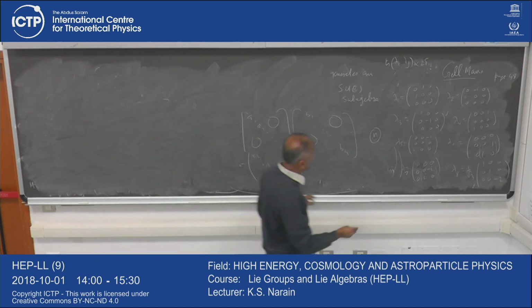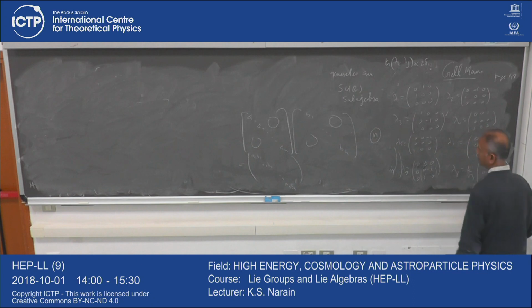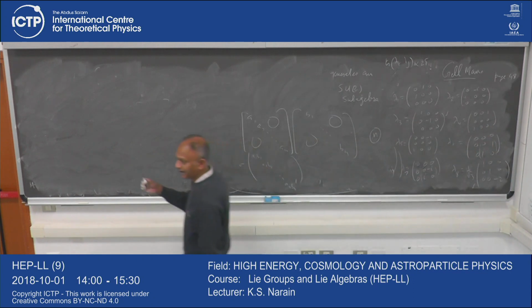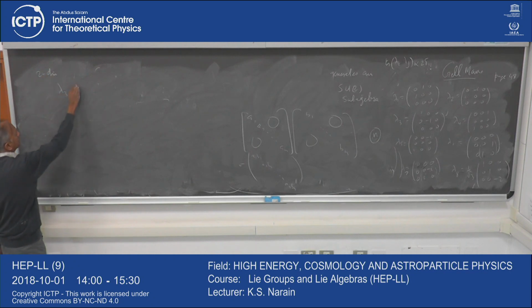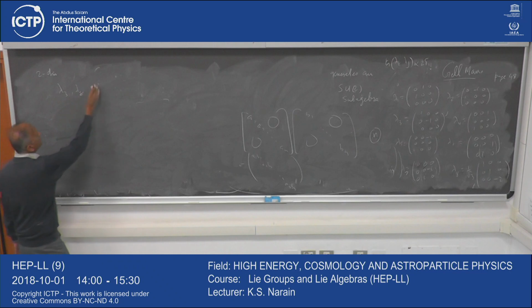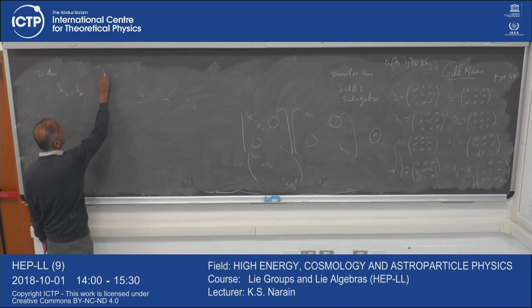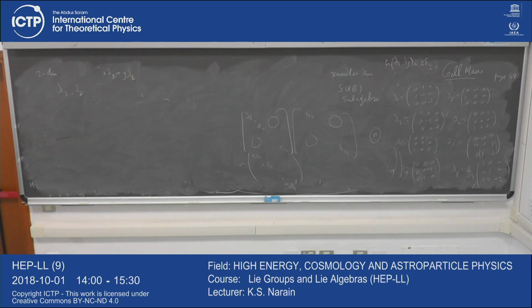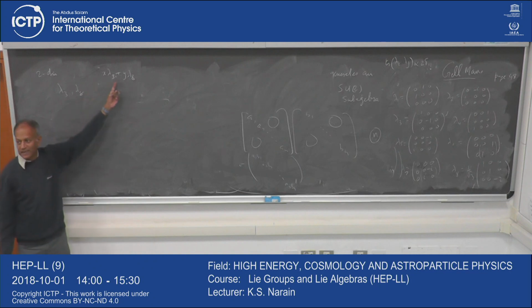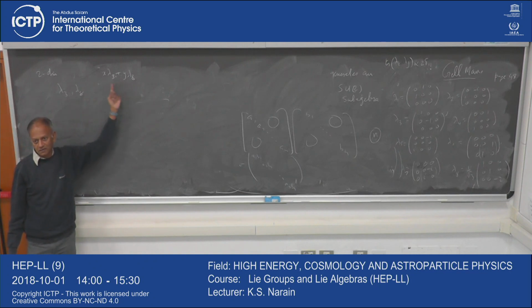So I could choose, for example, lambda 3 and lambda 8. Certainly this will be an abelian subalgebra. That is clear, right? If I look at the two-dimensional space generated by lambda 3 and lambda 8, an arbitrary element will be some x lambda 3 plus y lambda 8. It's a vector space. Now this clearly is an abelian subalgebra because they commute.